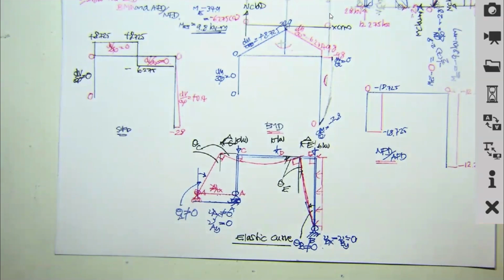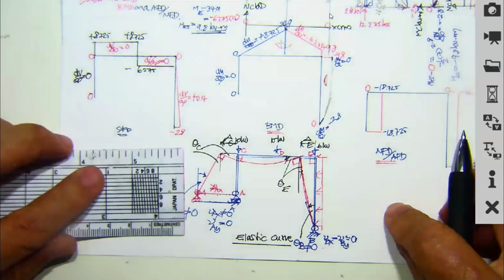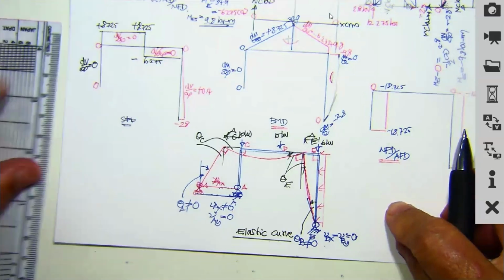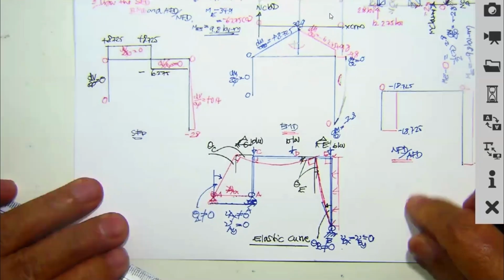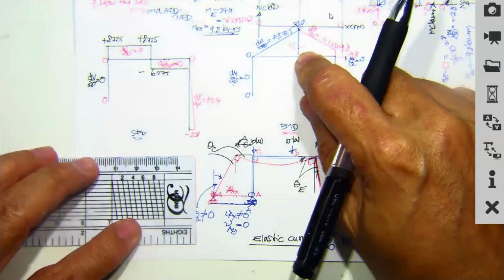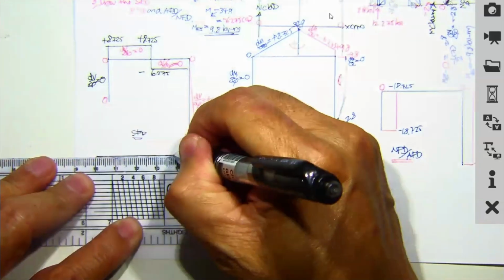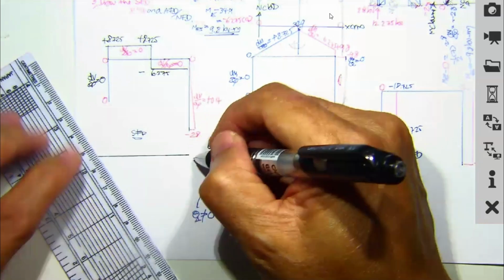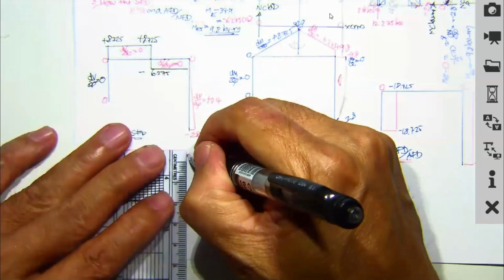Then there is another thing. If this is steel, it is okay. But if our structure is not steel, if it is reinforced concrete, you may use this moment diagram to draw the reinforcement for this one.